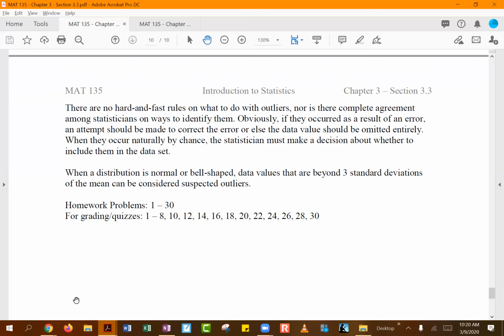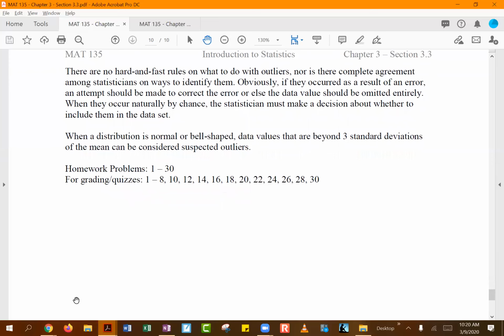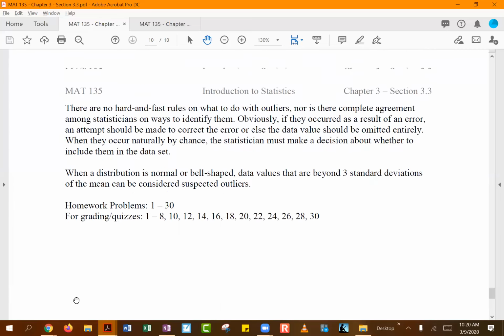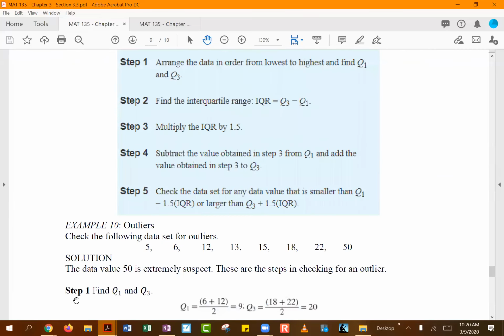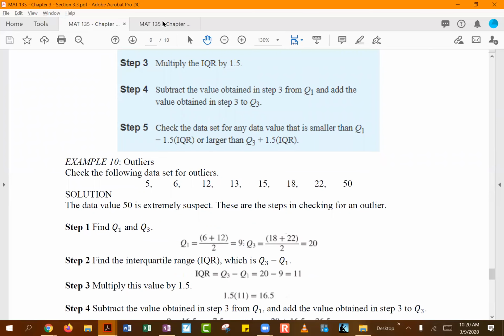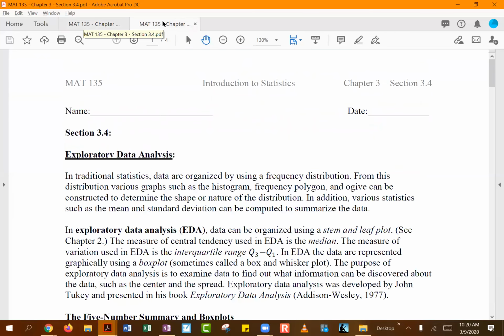They're talking about how you could have outliers when you're looking at values outside of 3 standard deviations. All right, guys, so that is your 3.3. Section 3.4, like I said, is really getting into boxplots, which use the 5-number summary, which is mainly what we did in this last part of section 3.3.